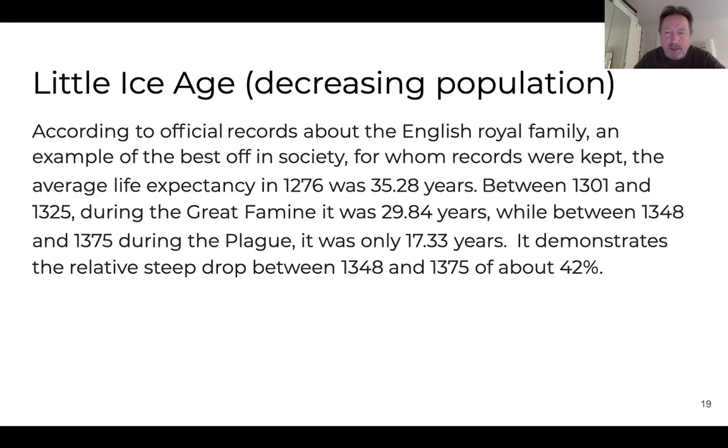Between 1300 and 1325, during the Great Famine, it was 29 or 30 years, while between 1348 and 1375, during the plague, it was only 17 years. It demonstrates the relative steep drop between two dates of about 42%. And that means about a half.